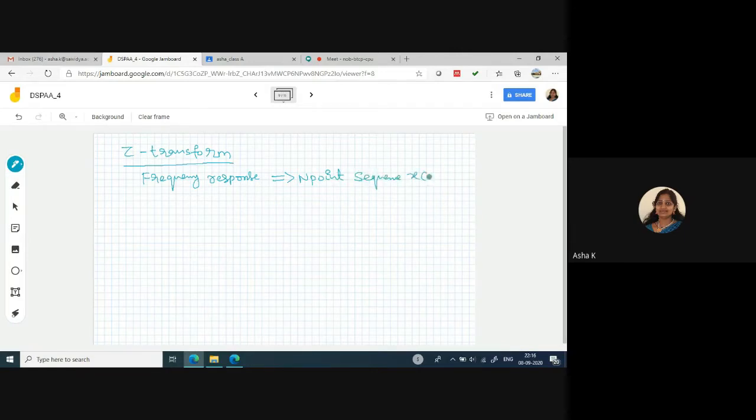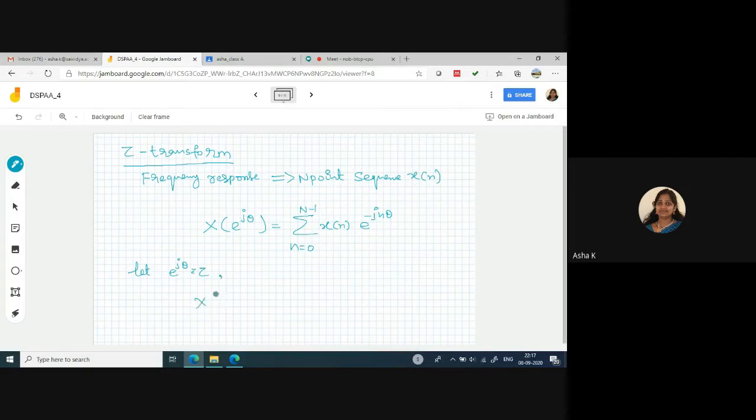For this finite sequence x of n, the frequency response X of e to the j theta is equal to summation n equals 0 to capital N minus 1 of x of n into e to the minus j n theta. So here if I replace e to the j theta is equal to z.